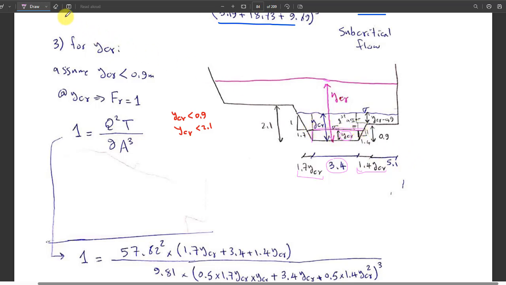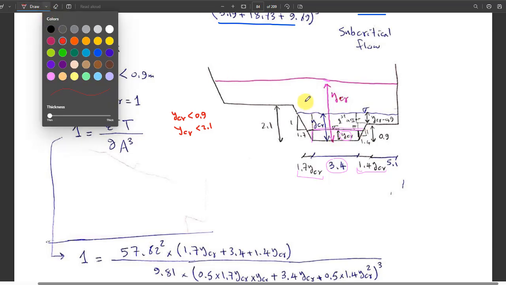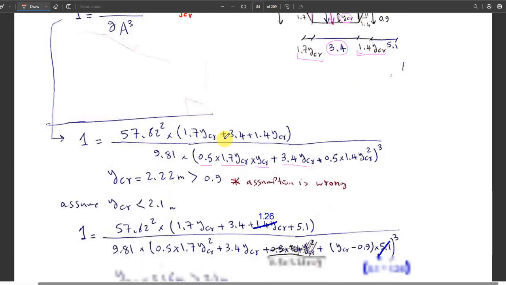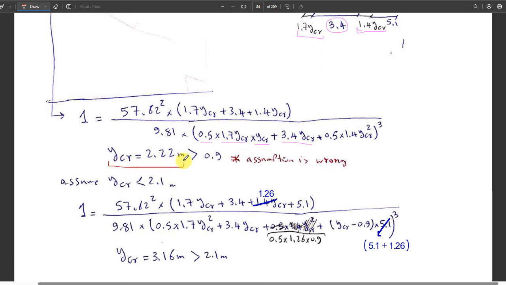Our first assumption, that is, we are below the breaking point, which was here. Okay, water should stay below, which is here. Okay, like that. We found the y critical, it is 2.22 after using the solver.